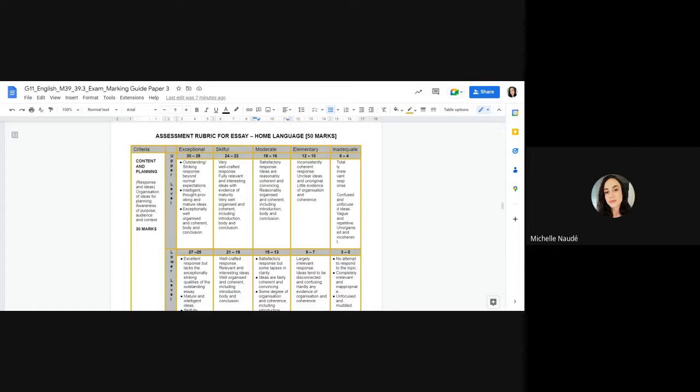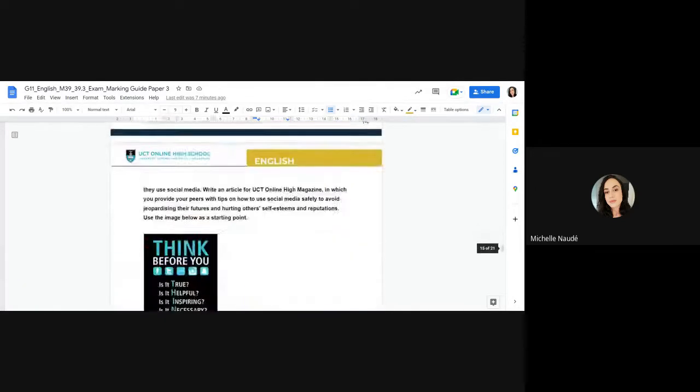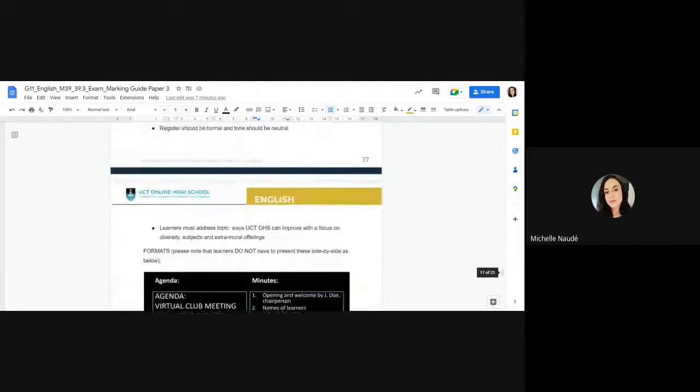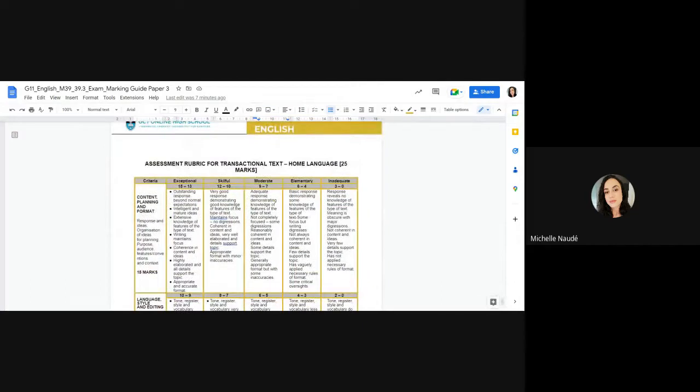It's a very good idea as well as you go to work out the percentage as you go. So let's say you're marking the transactional and you decide based on the criteria and based on the child's work, you decide for the content category, you're going to award a 7 out of 15. Work out what 7 out of 15 is in percentage and consider, is that fair?